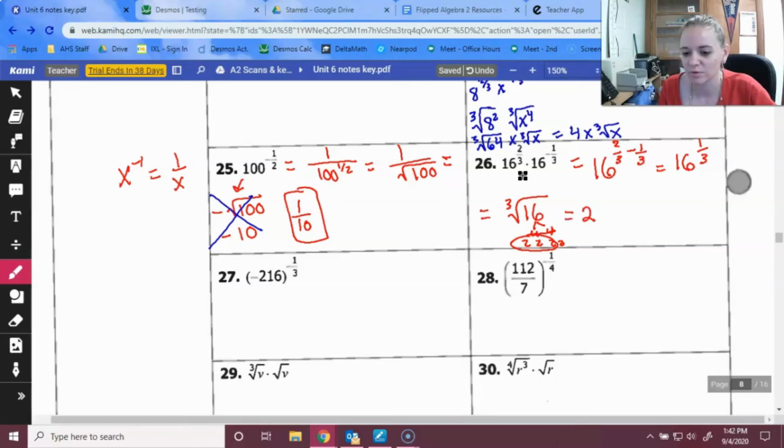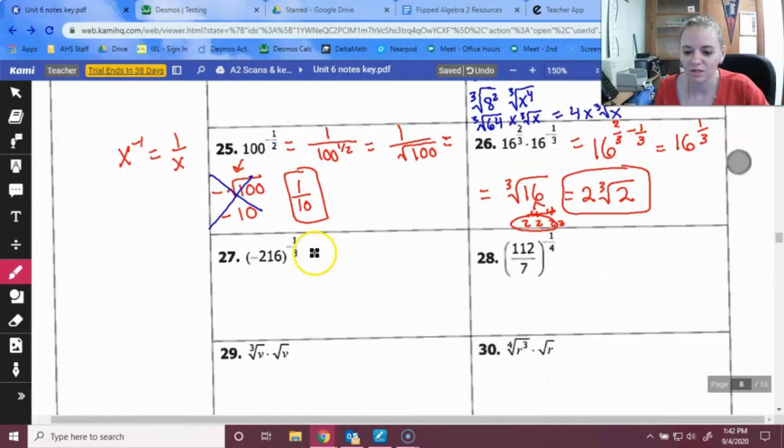So then my triplet would go on the outside, and then what's left is a single 2. So that would be completely simplified. So again, this looks like it's done, but it's not. We got to be really careful that our numbers under the radicals cannot reduce even more or simplify even more.